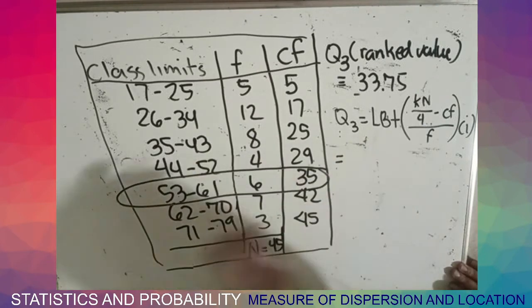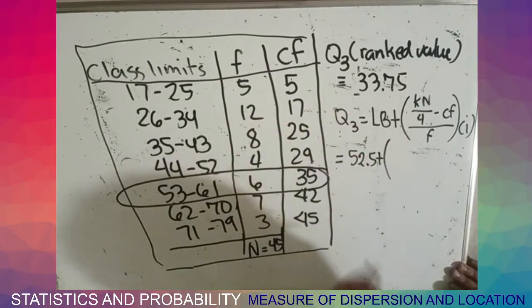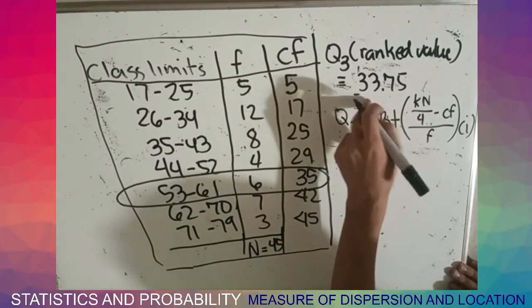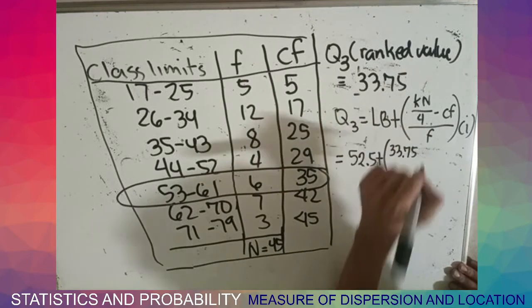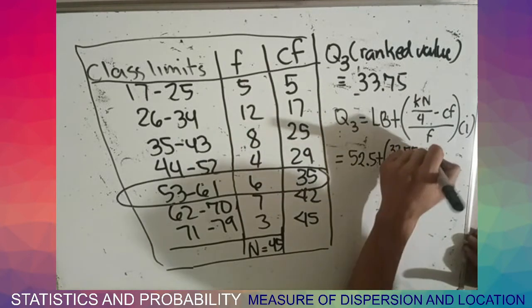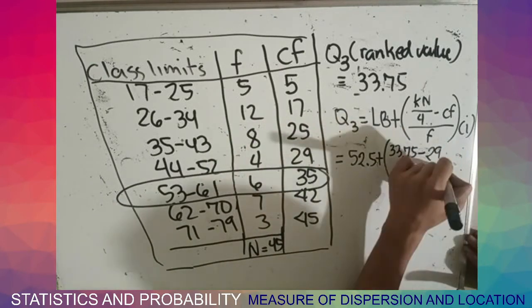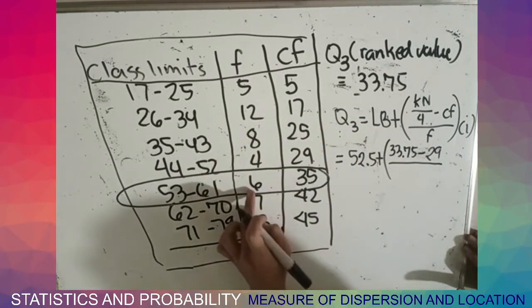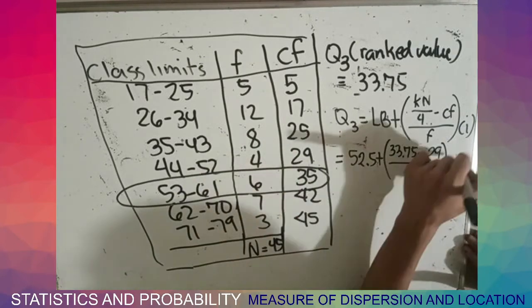So, yung LB natin is 52.5 plus, ang kn over 4 natin is yung ating rank value which is 33.75, minus the CF, yung 29 natin, yung sa taas ng ating quartile class, divided by frequency which is yung nasa loob, 6, times interval which is 9.